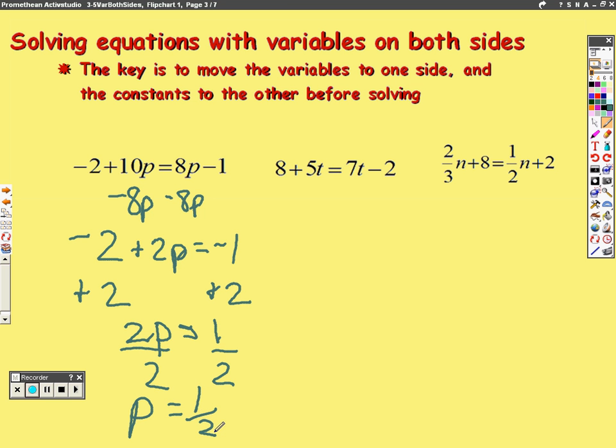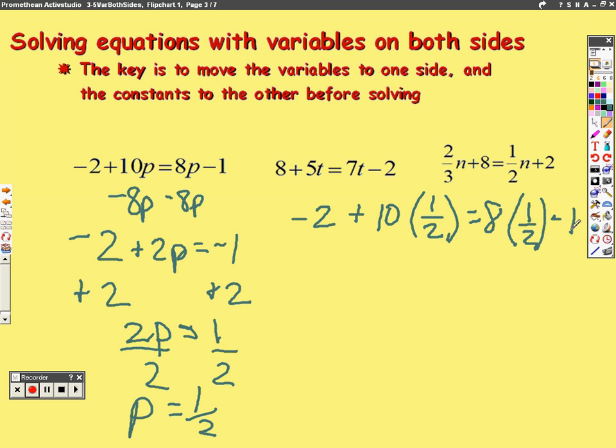Okay? Now, if I were going to check this, what would I have to do to be sure that my solution of 1/2 is correct? Okay, that's correct.